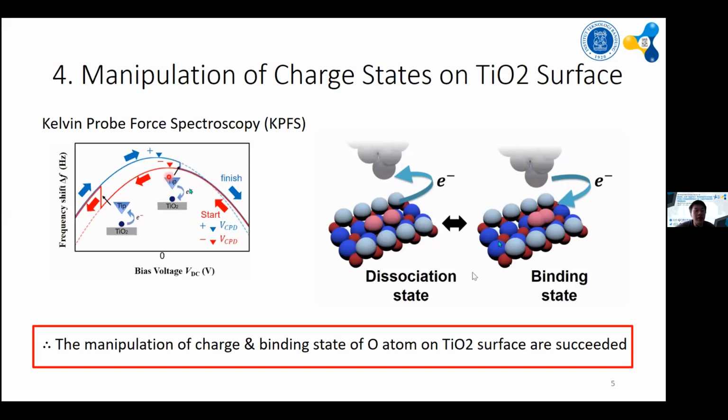The electron from the tip will transfer to the sample. So by using this kind of electron transfer, as we may know that charge is related to the electron, by using this kind of principle, we can successfully manipulate the charge and the binding state of oxygen atom on titanium oxide surface.